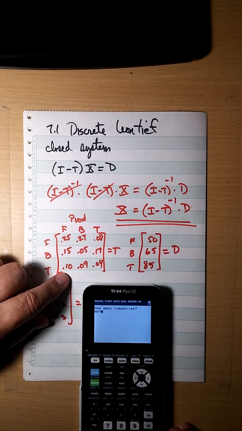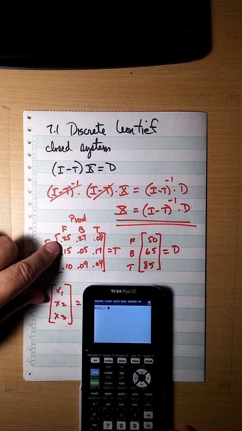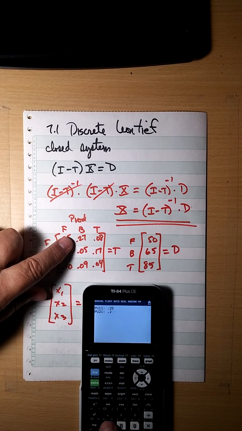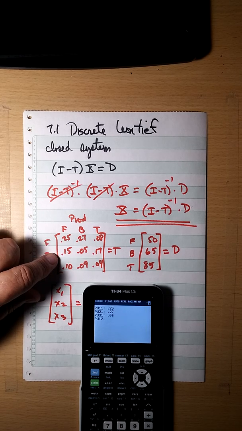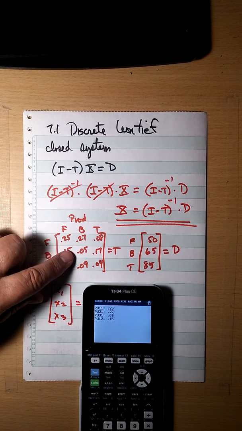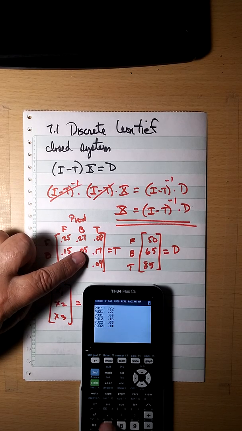Make sure you put it in correctly, or it's not going to be the right answers, of course. So, 0.25, 0.27, 0.08, 0.15, 0.05, 0.17.